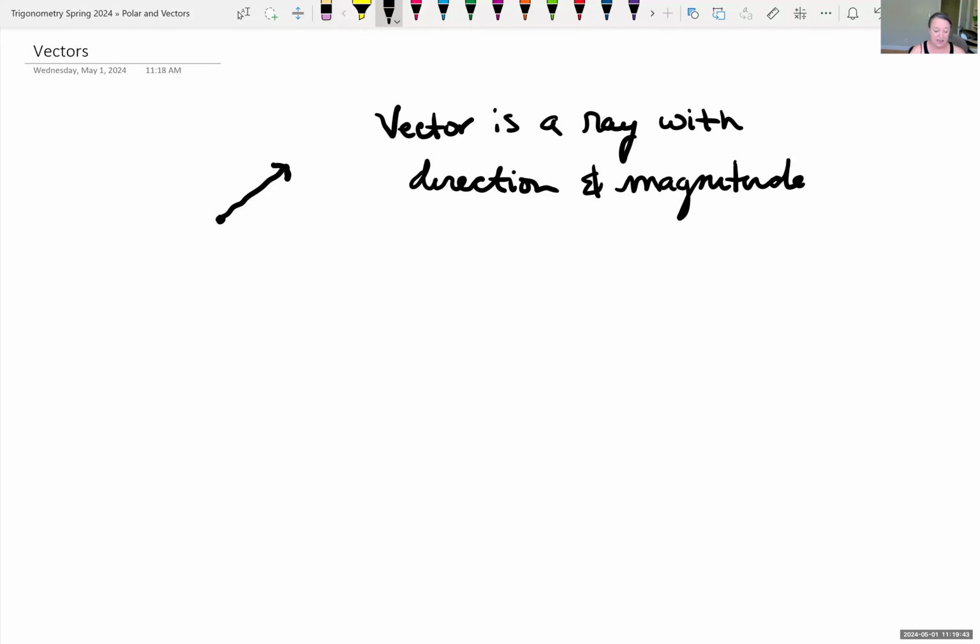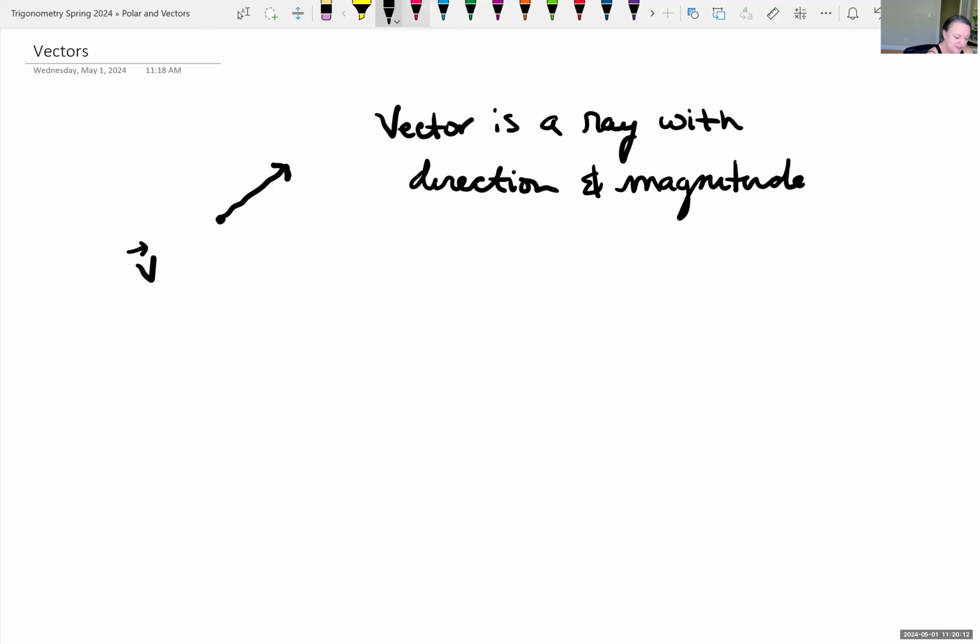Technically, if we have two vectors that are equivalent, they're the same length and they're going in the same direction. If this was vector v, a lot of times we write vectors in bold print, but when you're writing it out, it's hard to do. So you could see it with a v with an arrow over it, and that is stating that it's a vector.